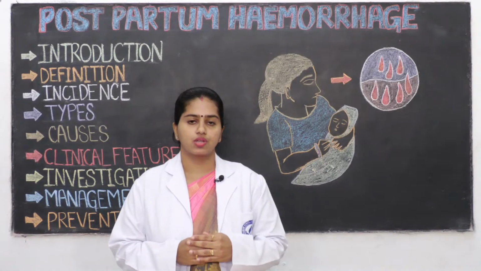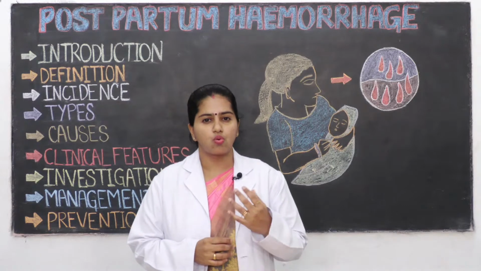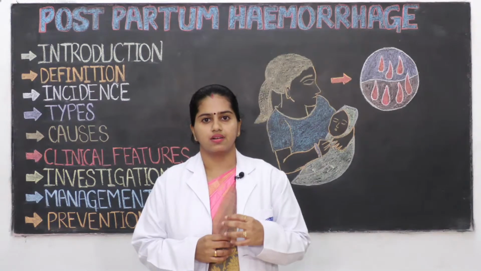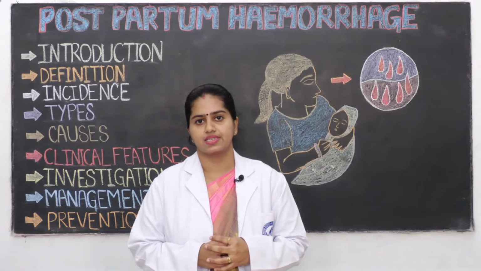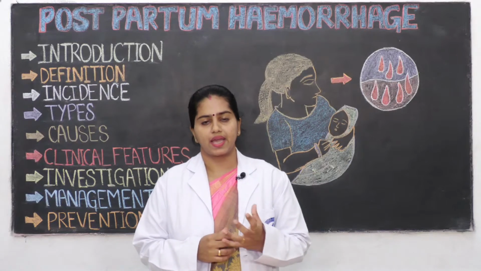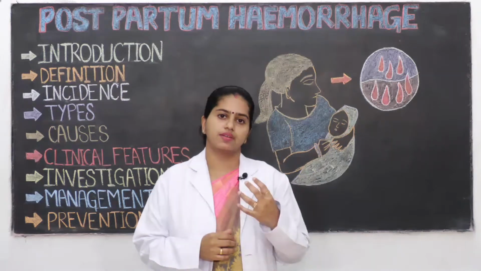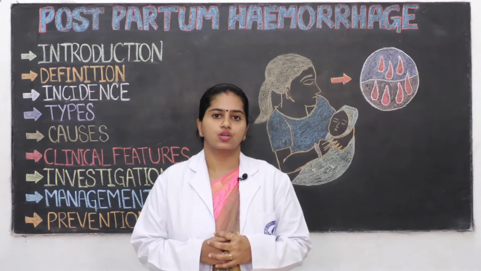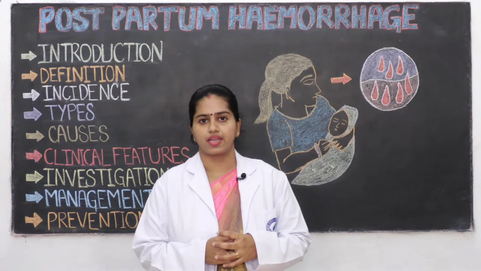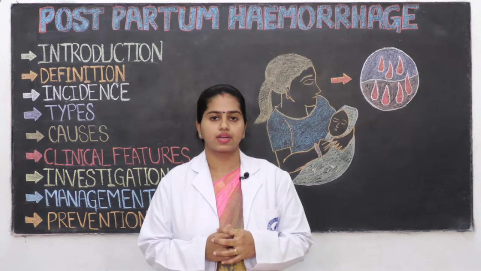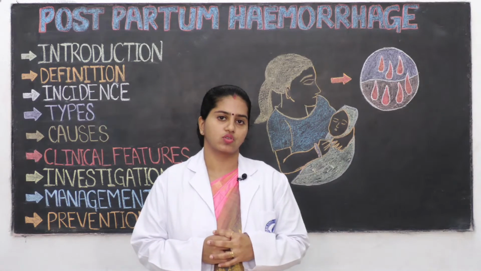When they come to the hospital, they have foul lochia and bleeding from the genital tract. They have pyrexia, and infectious conditions can be there. The obstetrician can do ultrasonography and find out the reason for the secondary postpartum hemorrhage.